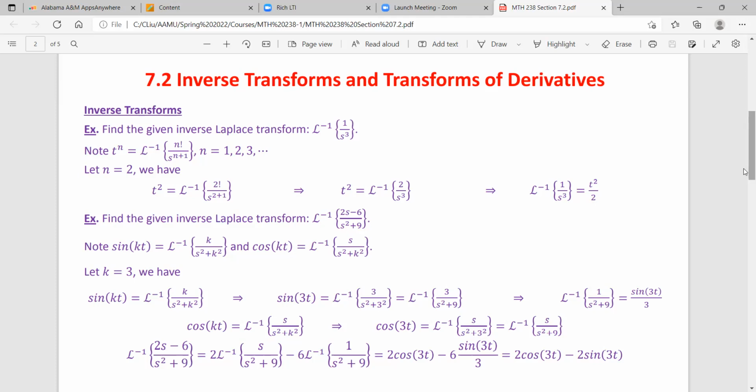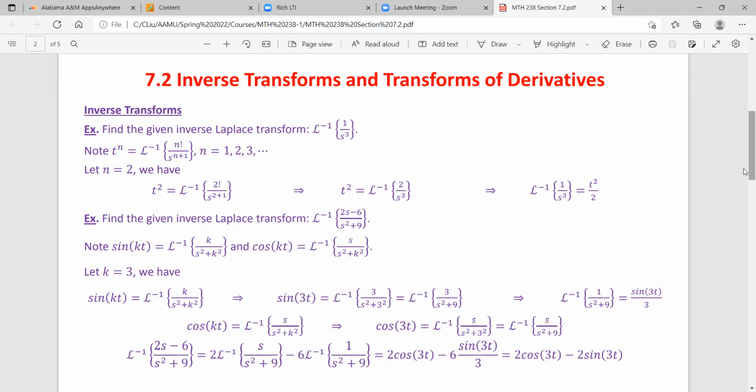Similarly, if you plug in 3 for k in the second formula, we got cosine 3t equals inverse Laplace transform of s over s squared plus 3 squared. So again, 3 squared is 9, so that's just s over s squared plus 9, all right?